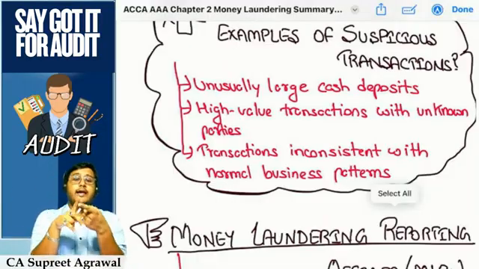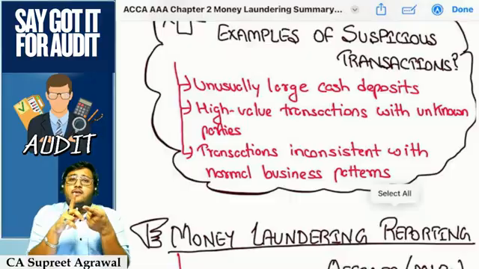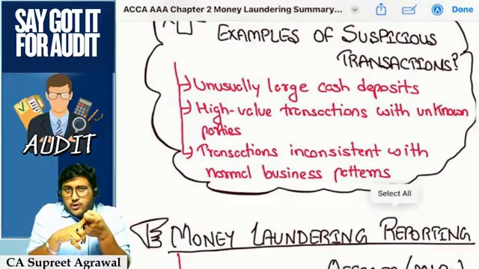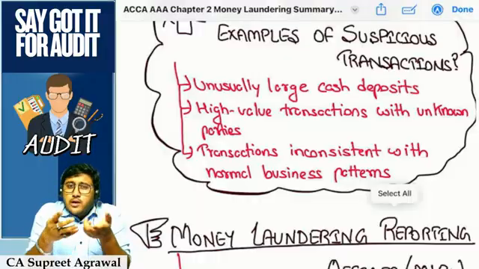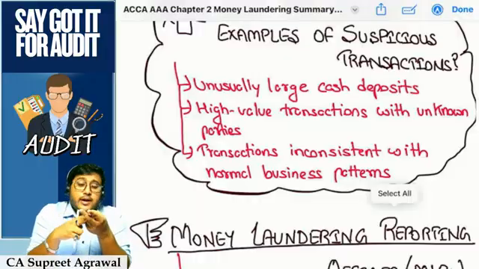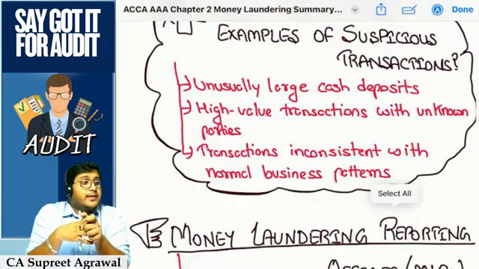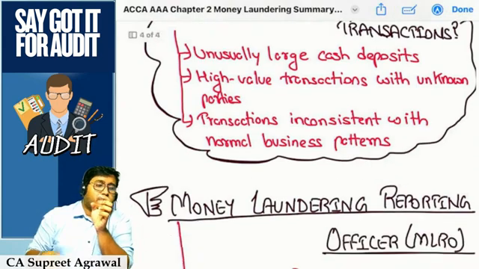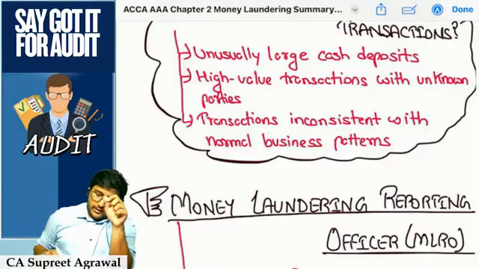If there's any offense related to money laundering, any suspicious activity going on in the company, anything that needs to be reported for money laundering, or any investigation going on, all the responsibilities are given to this MLRO. This person is responsible for the overall management of activities related to money laundering. Let's read it.